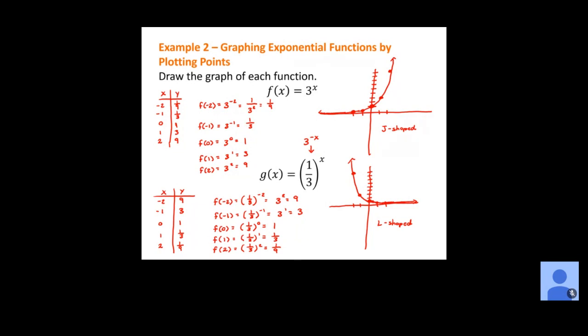So if we have a real world problem where we're growing exponentially, then it's going to give us that first graph, that J shape. If we have a situation that's decaying exponentially, then we're going to have this other graph, and it's going to be more of an L-shaped graph. And we'll look at both of those situations later in the unit. Any questions on the graphs now?